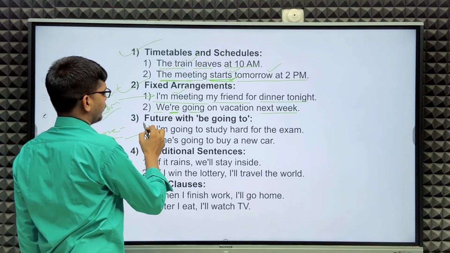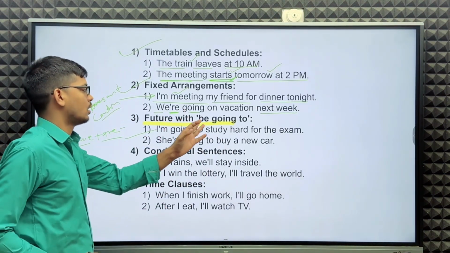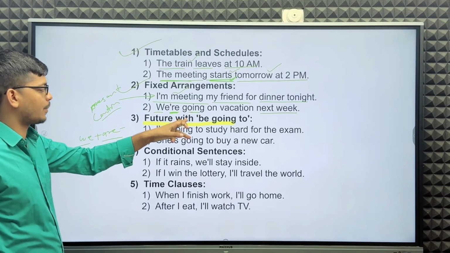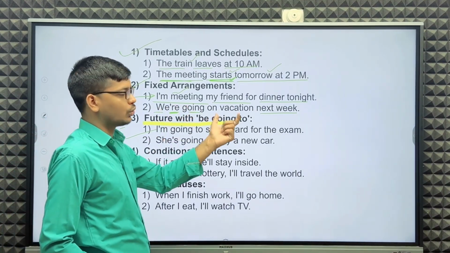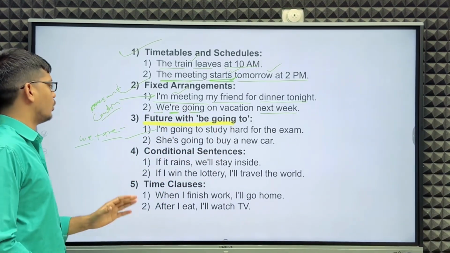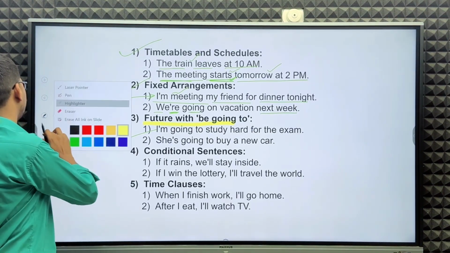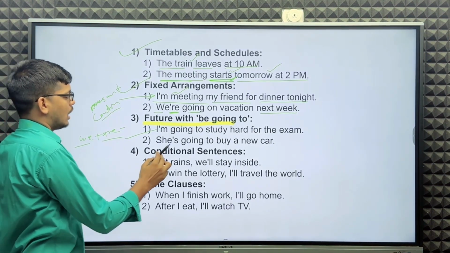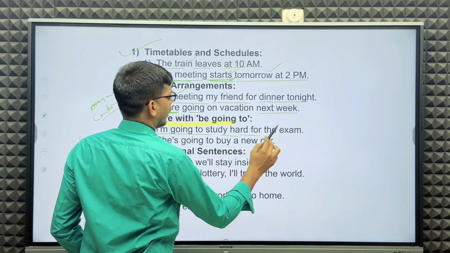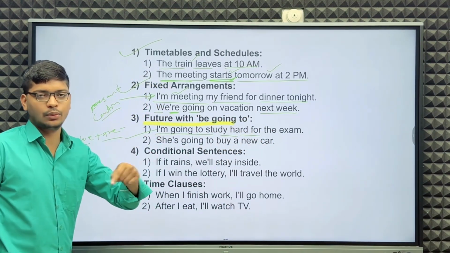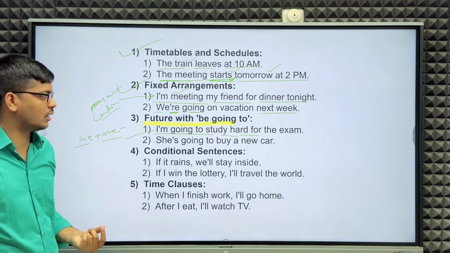Next example here, future with be going to. Okay, so you can also do it. So I am going to study hard for the exam.